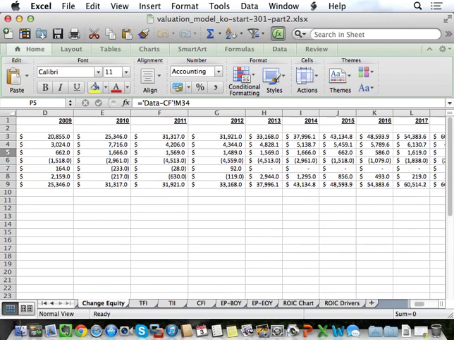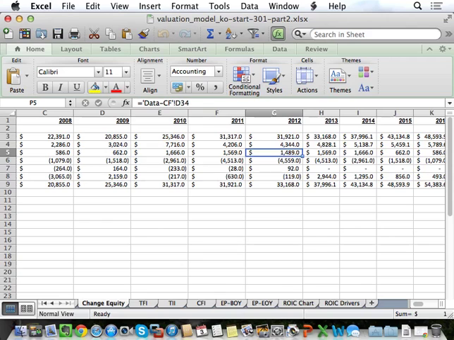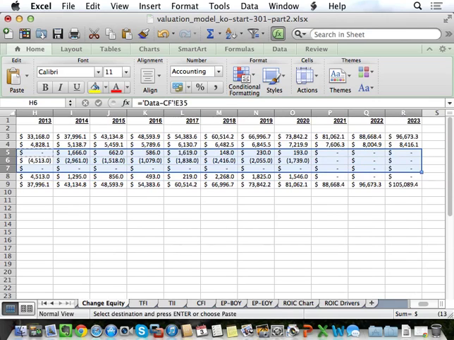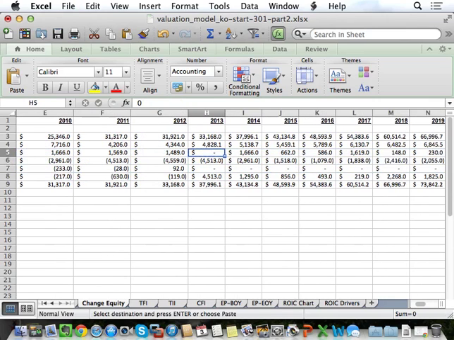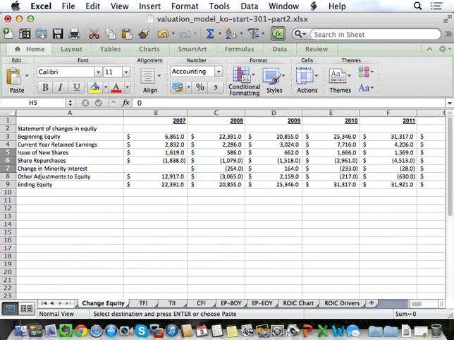So starting in year 2013, for share issues, share repurchase, and minority interest, we want to make these 0. Copy the 0, paste this out. Okay. So as I said, we're not going to make any changes to the share structure of the firm, so we're going to 0 it out.